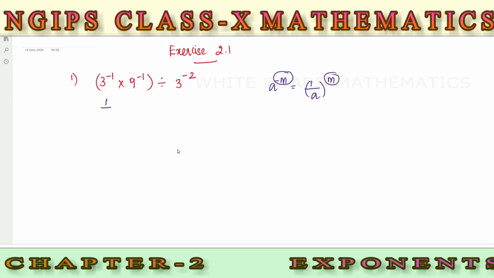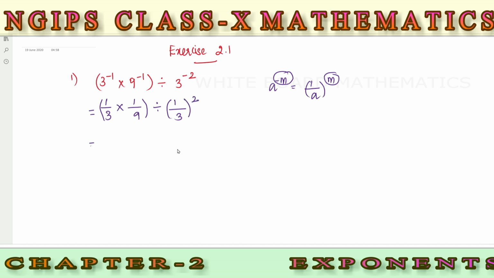We have 3 to the power minus 1, so I can write it as 1 by 3, into 9 to the power minus 1, so I can write it as 1 by 9, division. Here it is 3 to the power minus 2. I can write it as 1 by 3 whole power 2.